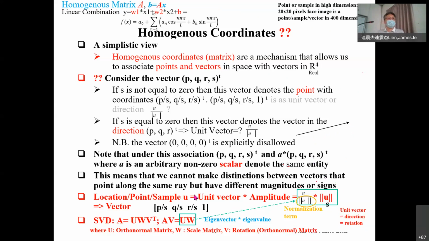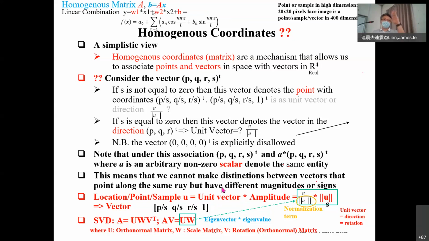So any point consists of direction and the amplitude, 就几倍的单位向量。我讲一遍，any point, any sample in the space equal to unit vector times amplitude.